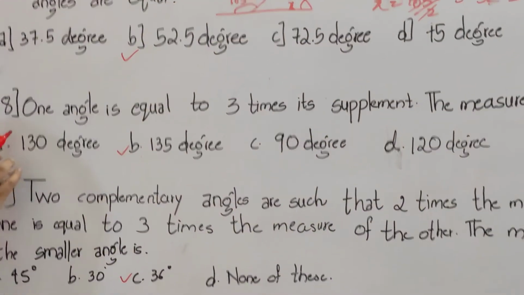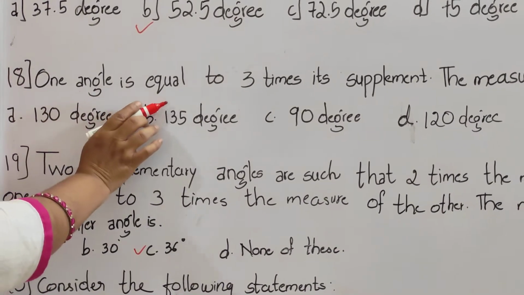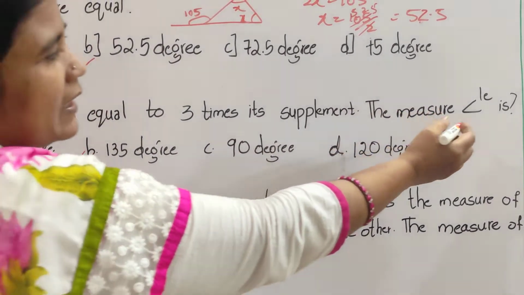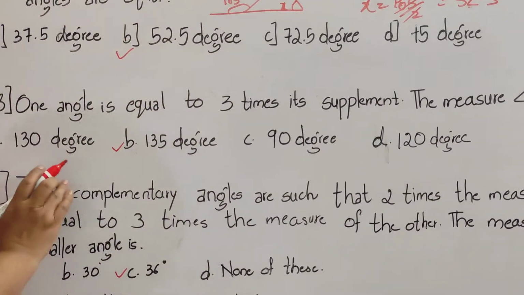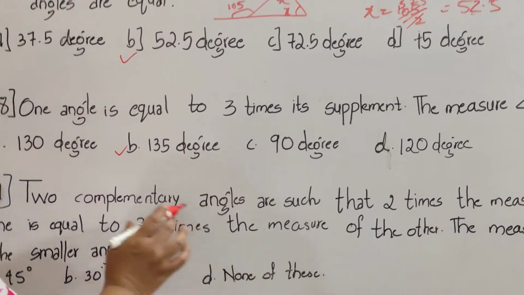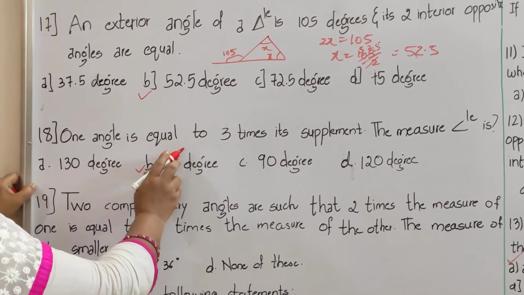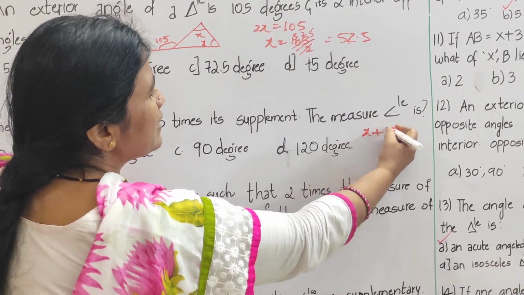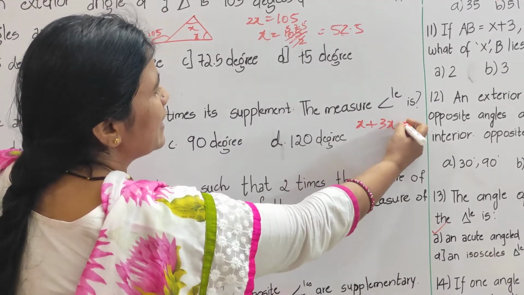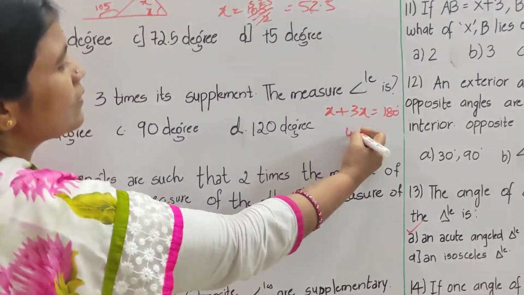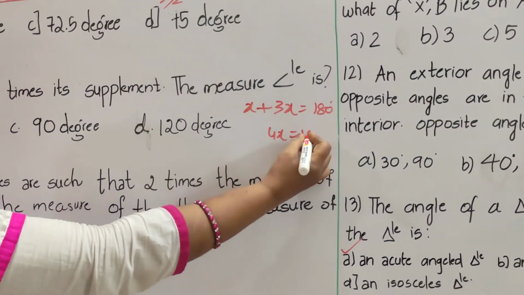Then 18th question. One angle is equal to 3 times its supplement. The measure of the angle is 130 degree, 135 degree, 90 degree, 120 degree. So one angle is x and the other is 3x. Supplementary they are saying, so that should be 180. So 4x is equal to 180.